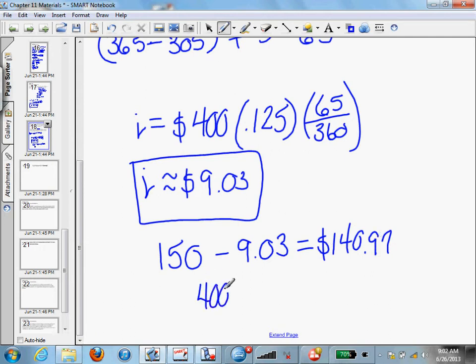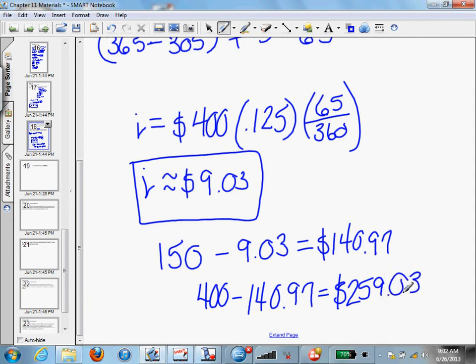Then you take the $400 that you originally borrowed and subtract this, which is how much has been paid on the loan to this date, and you're left with $259.03.